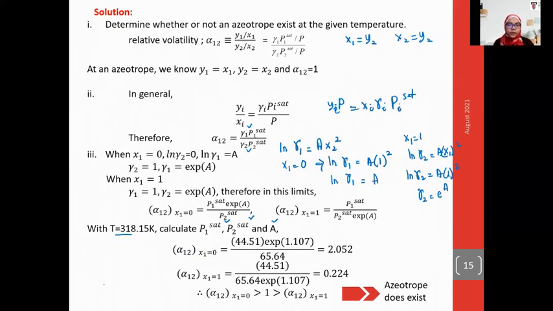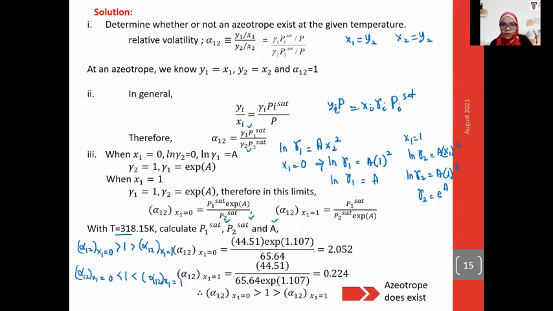To comply with whether the azeotrope exists or not, there are two restrictions here: alpha_12 at x_1 equal to 0 should be higher than 1, and alpha_12 at x_1 equal to 1 should be less than 1.